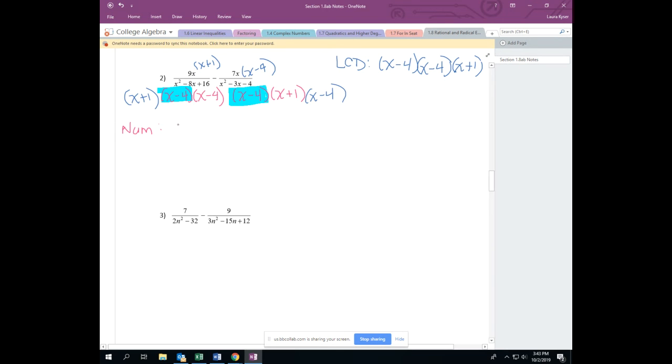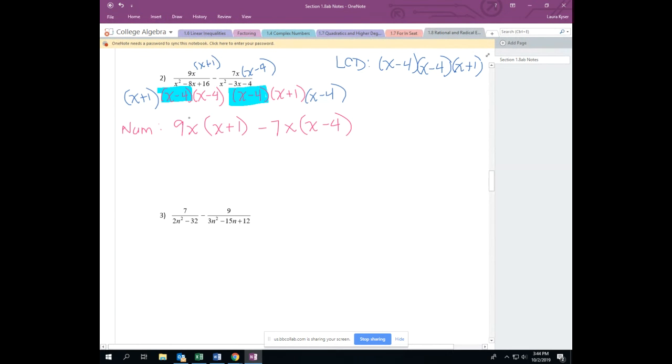So the numerator right now looks like this. 9x times x plus 1 minus 7x times x minus 4. Now, if we write it like this, it's pretty easy to simplify this top expression. You see that you have some parentheses, which means we're going to have to distribute.